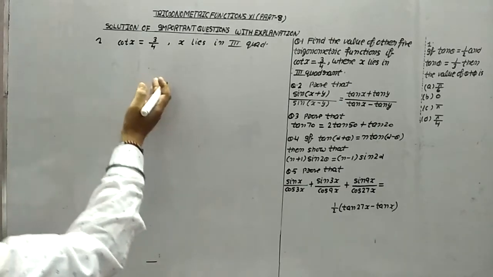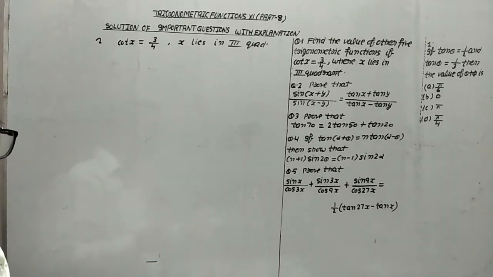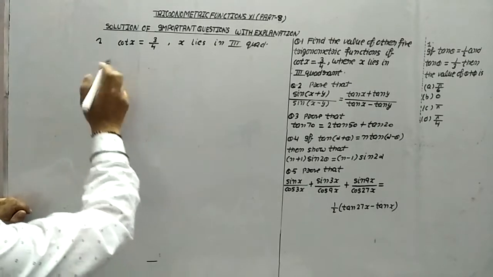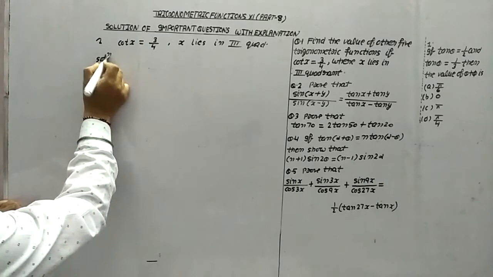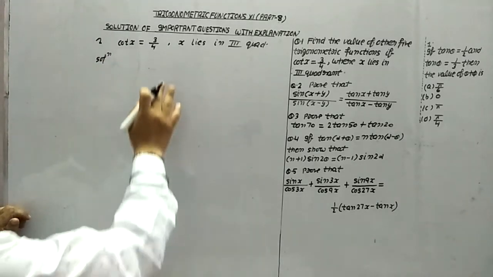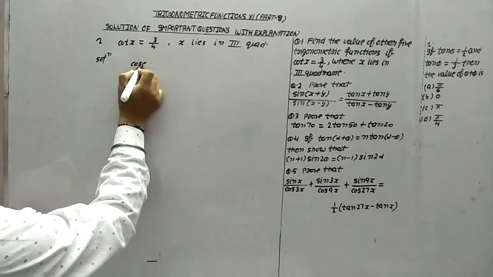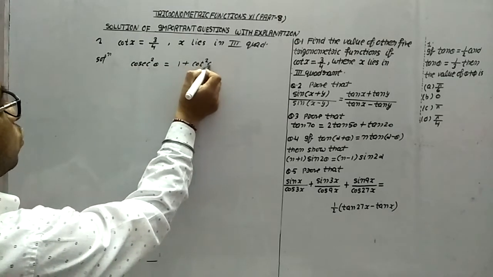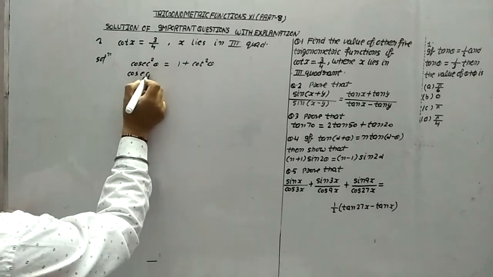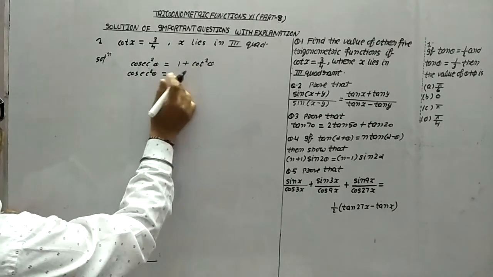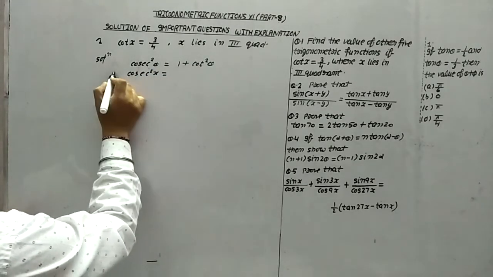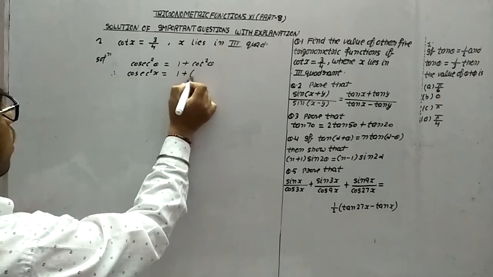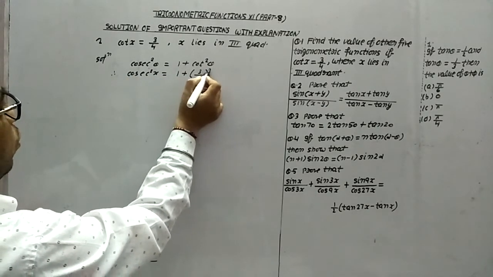To do this question, there are different methods. We will use this method only. As we know, according to the basic identity, cosec square theta is equal to 1 plus cot square theta. So cosec square x is equal to 1 plus (3 by 4) whole square.